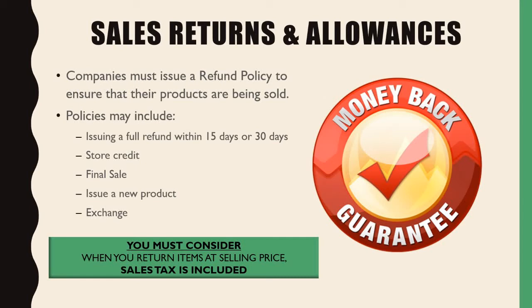You never want to allow an unlimited amount of returns, etc., right? Now, of course, your company policy could entail things like you can issue a full refund within a specific amount of days, right? So common ones that you'll see normally are 7, 14, 30, 60, or even 90 days, right?